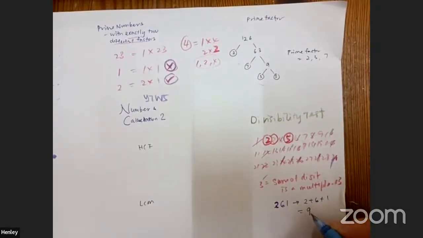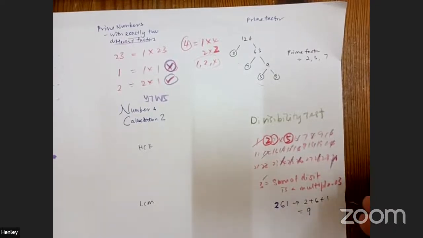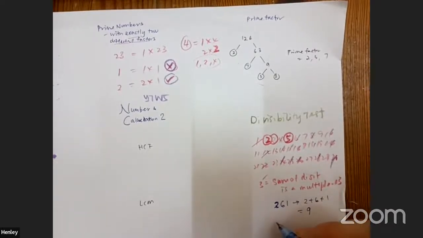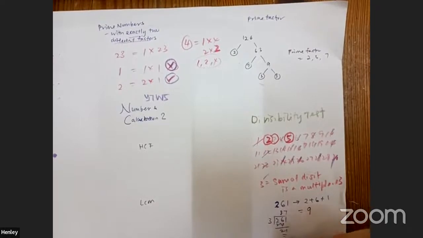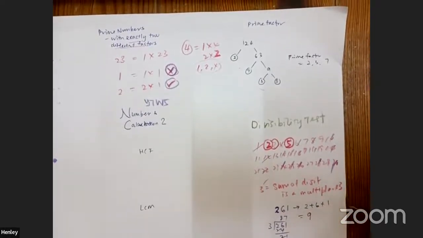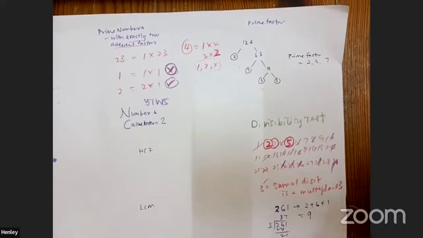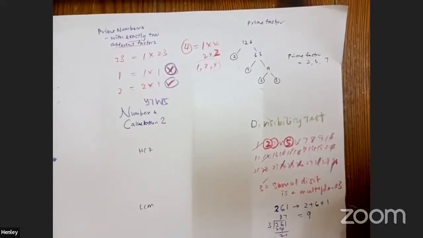Since 9 is a multiple of 3, this number can be divided by 3. I'll show you. 261 divided by 3: 3 times 8 is 24, 3 times 7 is 21. See, it's divisible. So 261 should be crossed out because it is a multiple of 3, even though it looks like a prime number.